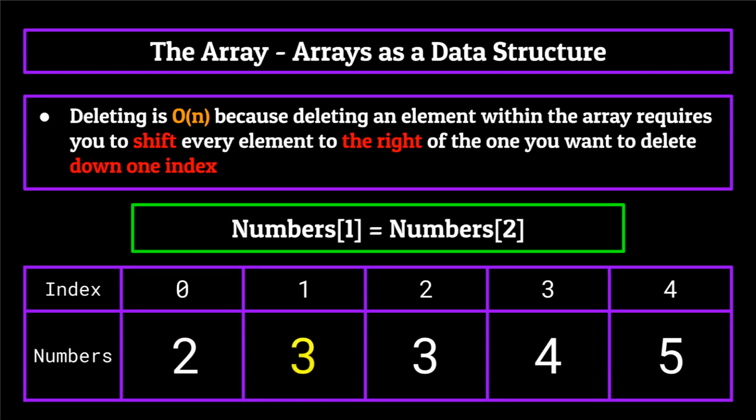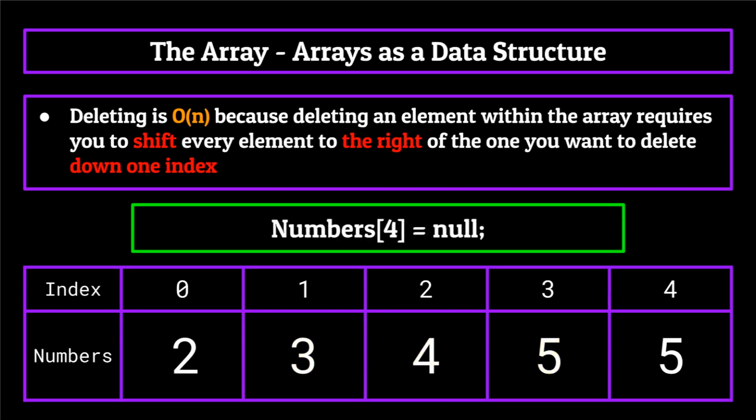And then we simply repeat this process until we get to the end of the array, finishing it off by setting the last element in the array to be some null value. This deletes the element from the array by basically replacing it with a value to the right, and then this process is repeated until it frees up 1 space at the end. Essentially, we're just moving the entire array down 1.